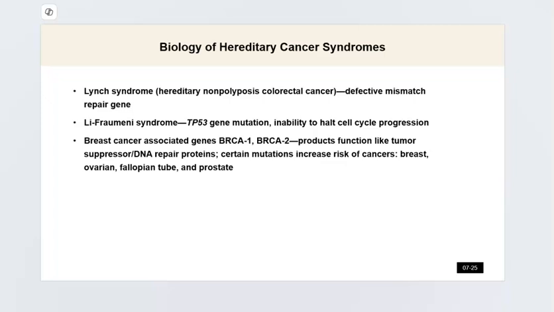And then we know about BRCA1 and BRCA2. Those function like tumor suppressor or DNA repair proteins. Think of BRCA1, BRCA2 not only with breast, but also ovarian and fallopian tubes, and prostate. So men with positive BRCA1 or BRCA2 have been associated with an increased risk of male breast cancer and prostate cancer.